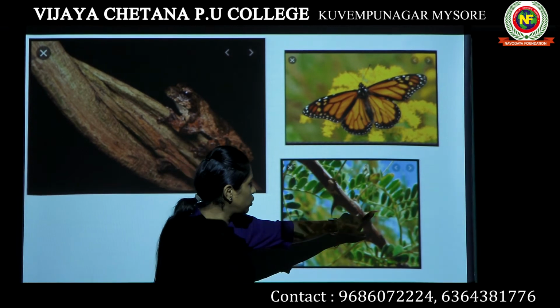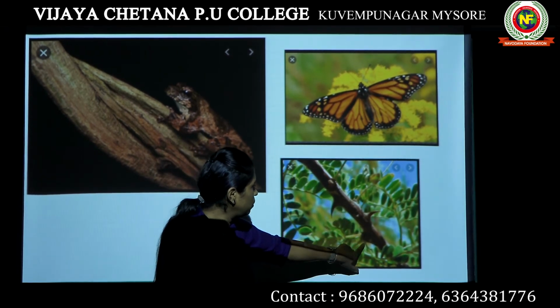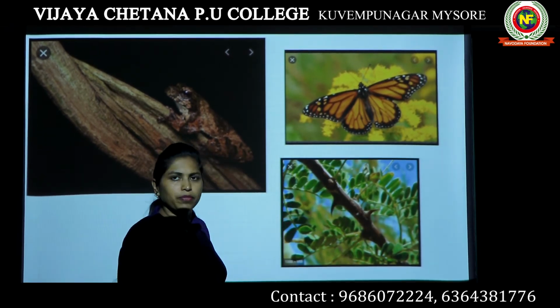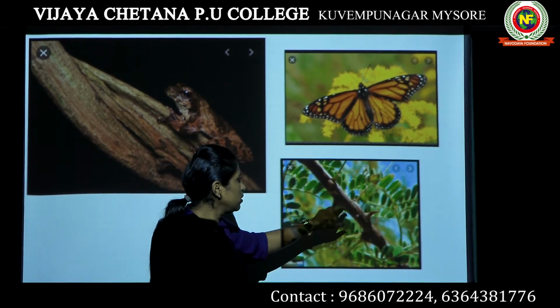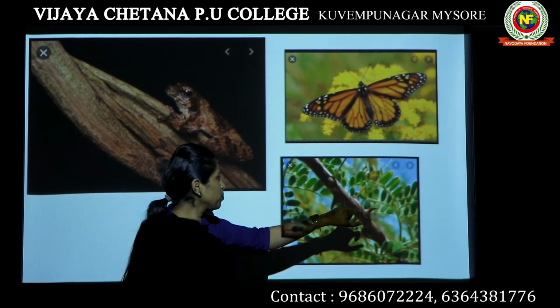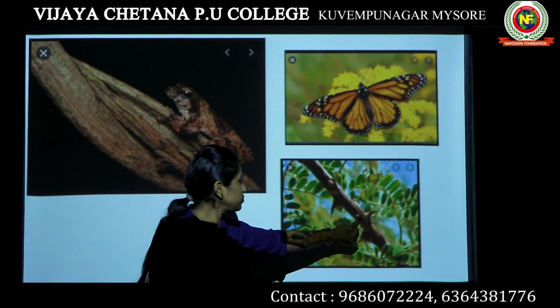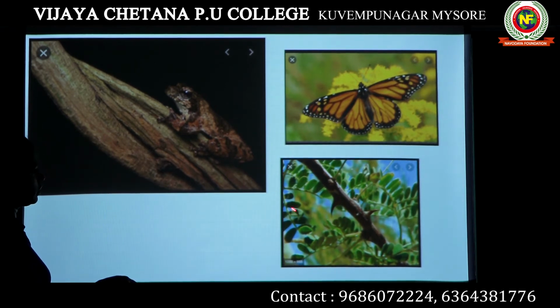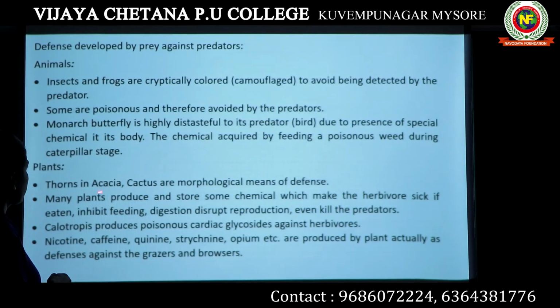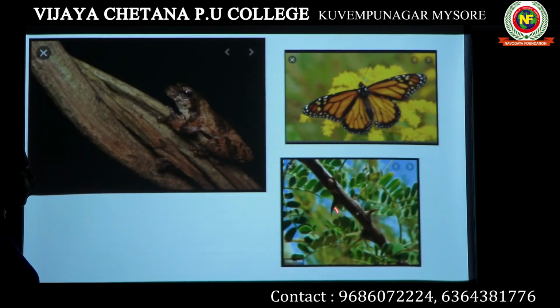If you see, these are the thorns present on the plant. If you look at the thorns, they are very hard and very sharp, with a very sharp tip. So this plant is known as acacia, and it has developed thorns.